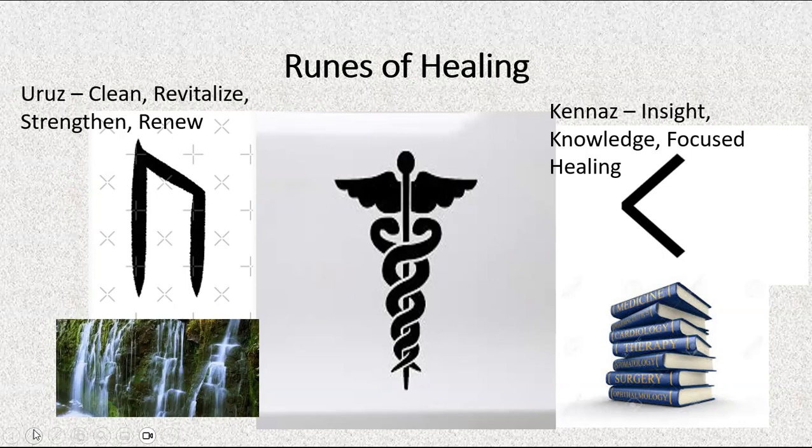And another major healing rune is Kenaz. We talked about Kenaz a minute ago, talking about fire. Kenaz is a rune of knowledge that has been turned to action. And thus its appropriateness as a healing rune is a little more indirect compared to Uruz, because it's a guide for the healer, to help the healer come to an understanding of what techniques and practices they are going to need to use, and then turn that knowledge from being trapped in the head outwards towards the problem that needs to be solved.